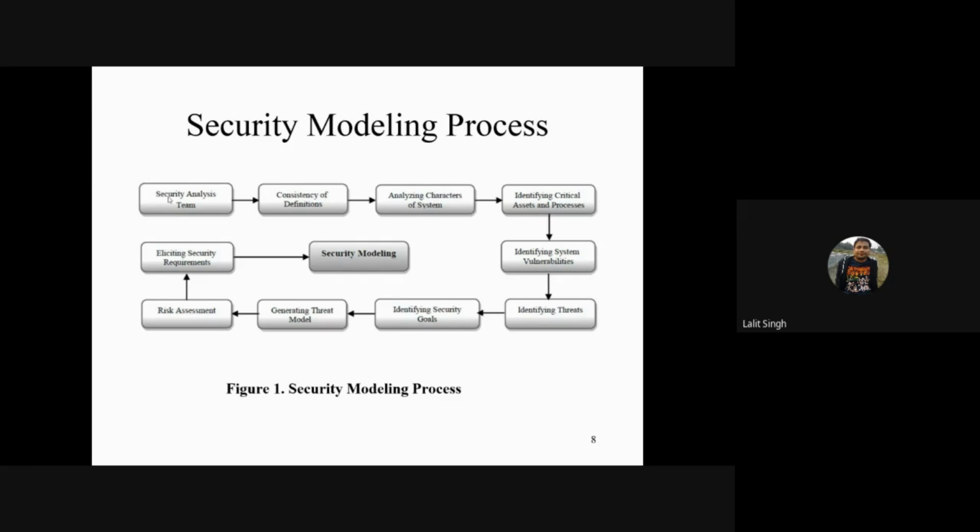Then the next is the consistency of definitions. Now, this is one of the important phases. What does it mean? In security, for example, there are various terminologies like virus, worms, trojans, and you should not misuse these terminologies.